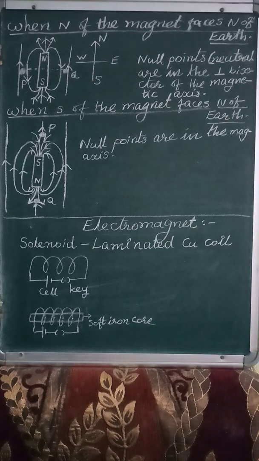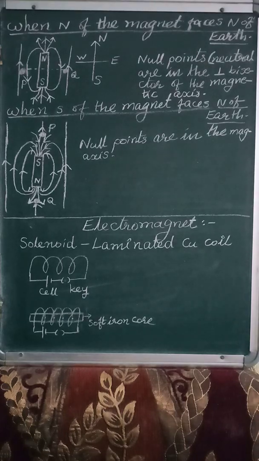Only the last part is left, that is, when we keep a bar magnet, the first time its north pole facing the north direction of Earth, and the second time the south pole of the bar magnet facing the north direction of the Earth. These two topics we have to learn. And what is an electromagnet? These are today's topics.